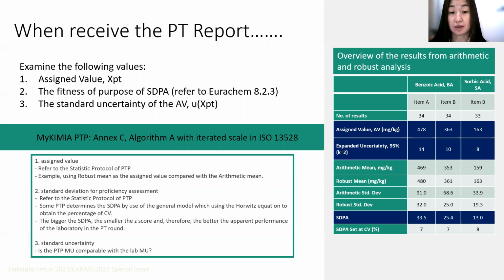For the standard deviation for proficiency assessment, MyChemia PTP used a general model, the Horwitz equation, to obtain the percentage of CV and calculate the SDPA. Lastly, the standard uncertainty. The lab needs to compare the MU with their own uncertainty. Is that comparable?